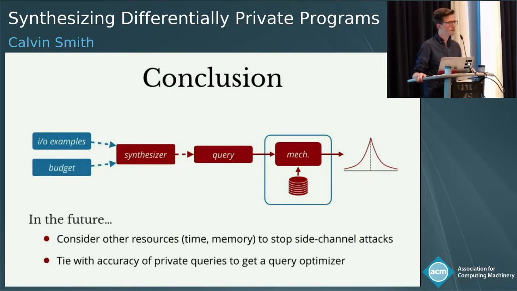Thank you very much. By virtue of typing, you get that the programs you're synthesizing are differentially private. Do you get any guarantees about functional correctness? The only guarantees about functional correctness we get are up to the specification that the user provides. Functional correctness is a little bit weird to think about when you're considering differentially private programs because they're necessarily probabilistic.